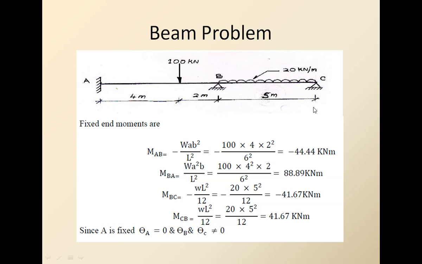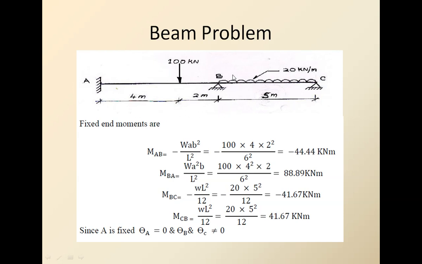Next you have to identify the unknown rotations. So joint by joint you have to identify. So here there are 3 joints. Joint A is a fixed end which restrains all the degrees of freedom.